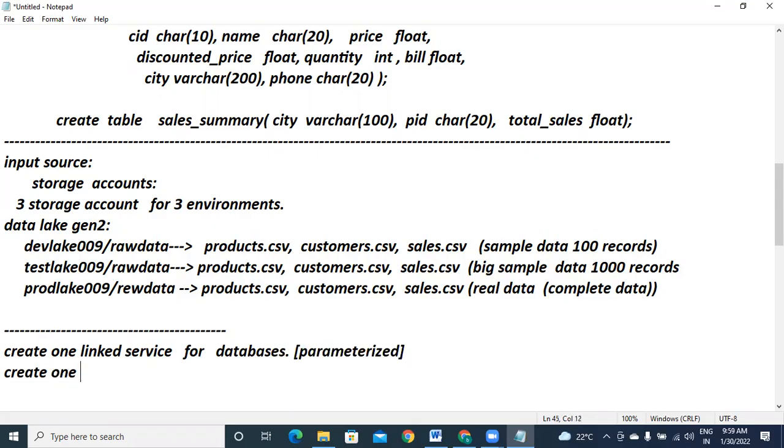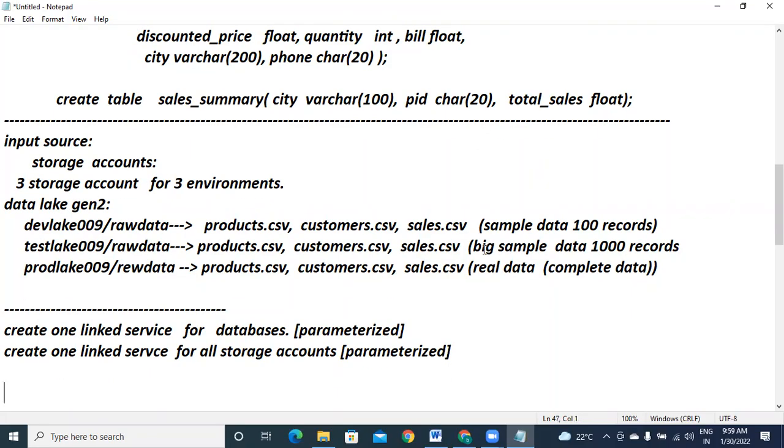Create one linked service for all storage accounts. I have 3 storage accounts, but for these 3, one linked service I need. Got it? This should also be parameterized. Understood?